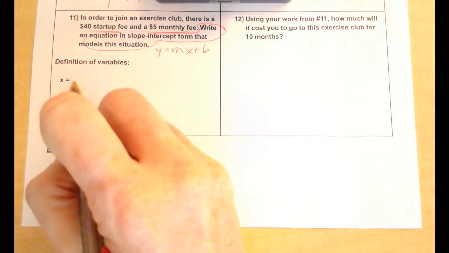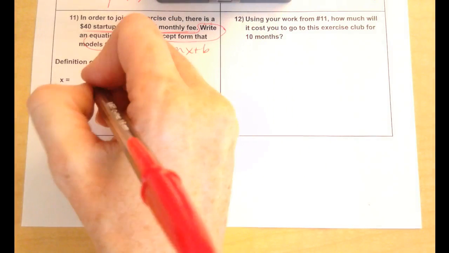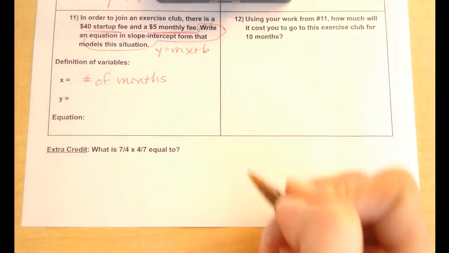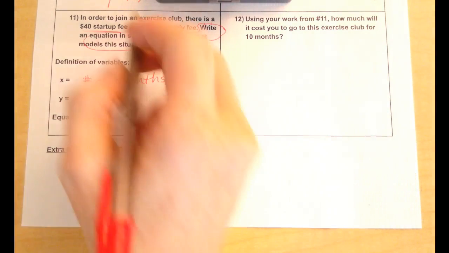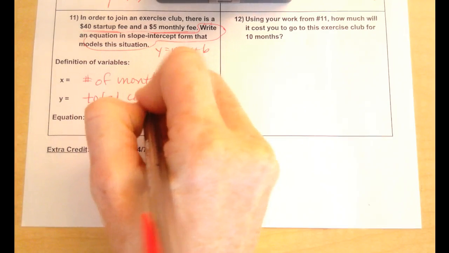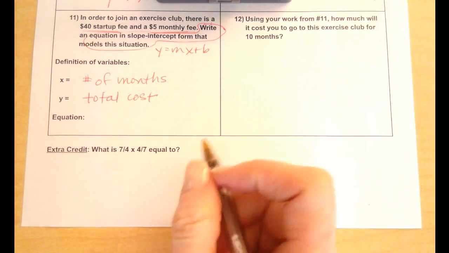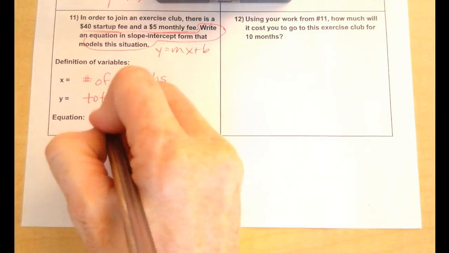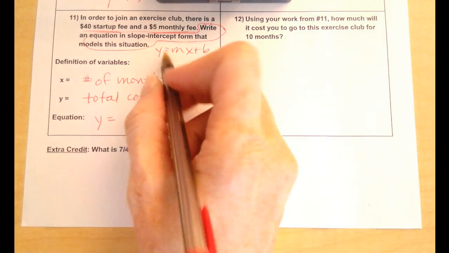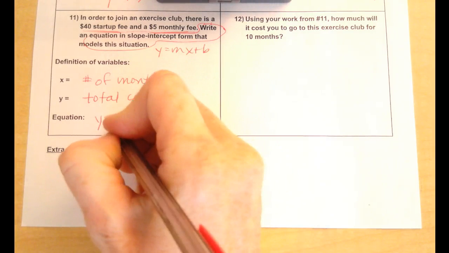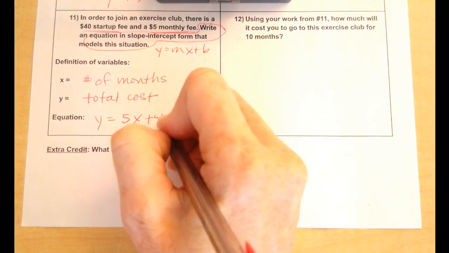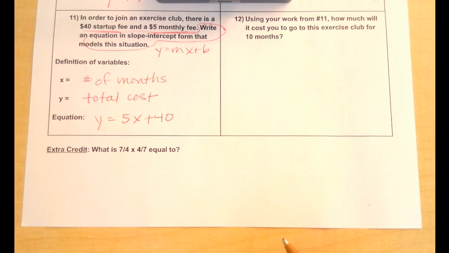x is going to be my number of months. I need to know that to know how many times I've paid $5. y is going to be my total cost. That's what I'd be interested in knowing about this situation. So my total cost is going to equal the number of months times $5 for each month, because that's my monthly fee, plus the $40 I had to pay as a startup fee.